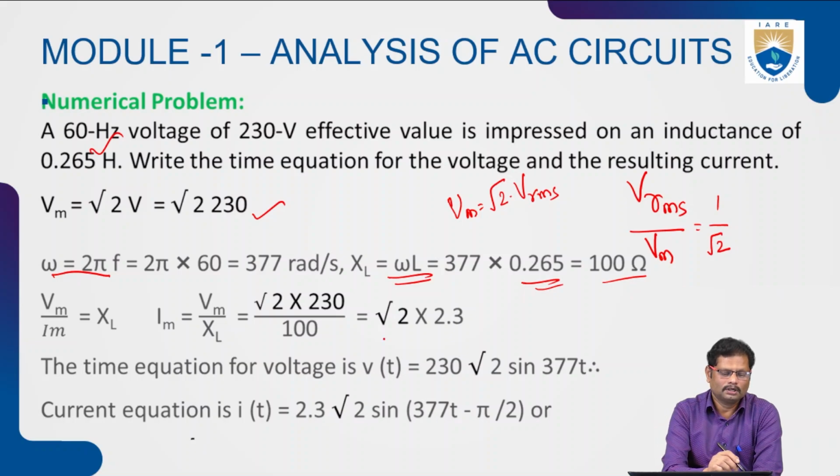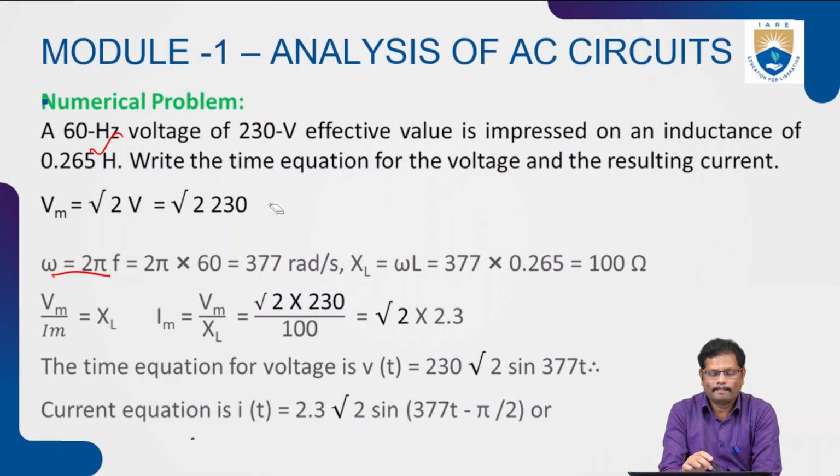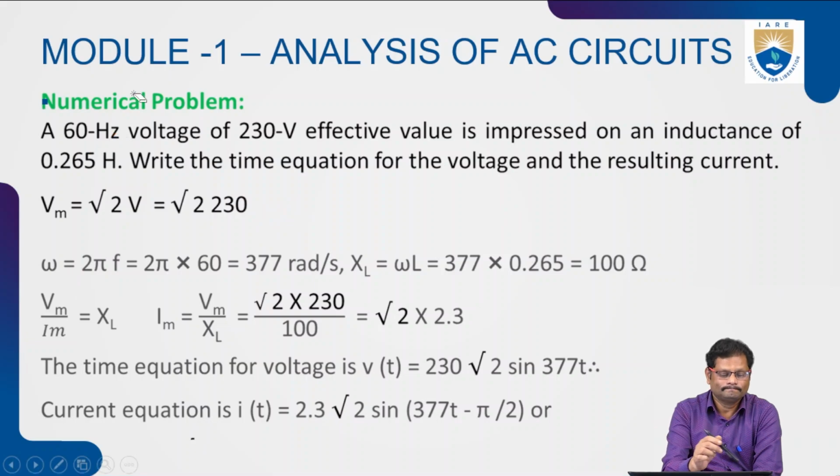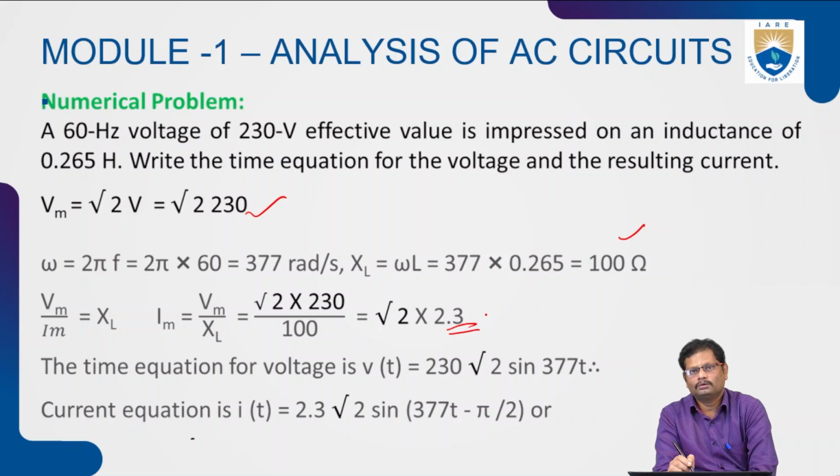And again Vm by Im equal to XL, so XL is directly proportional to the Vm value. If Vm is high, XL is high. So Im is nothing but Vm, that is root 2 into 230, divided by XL. XL is 100. So you get root 2 into 2.3.